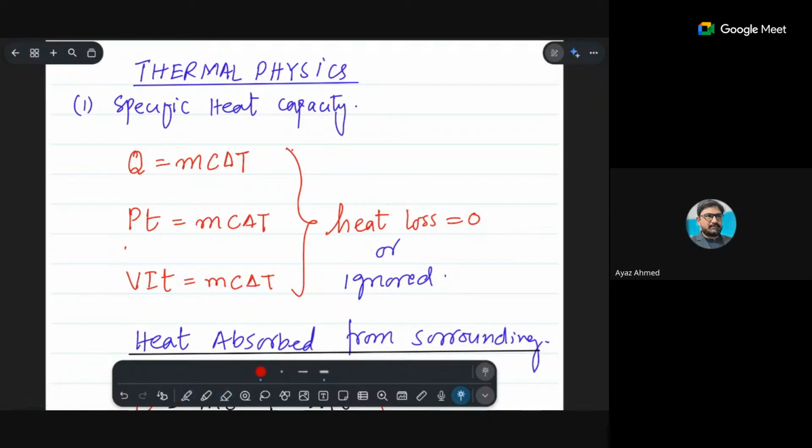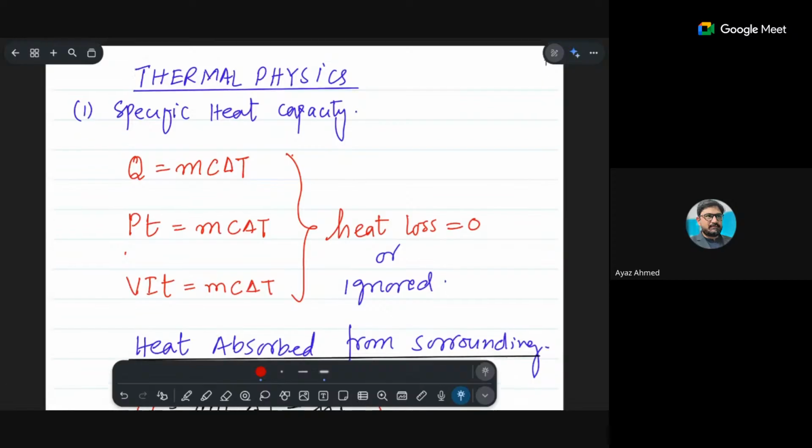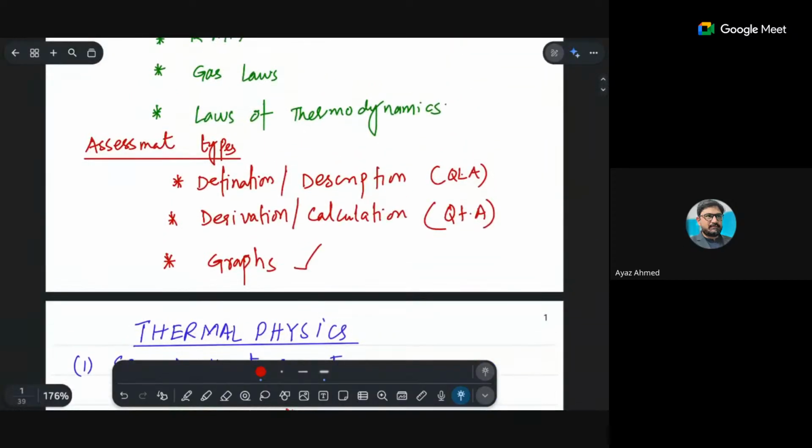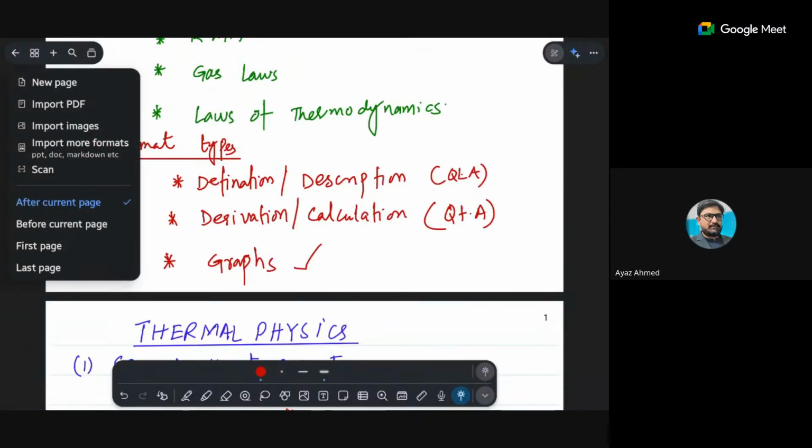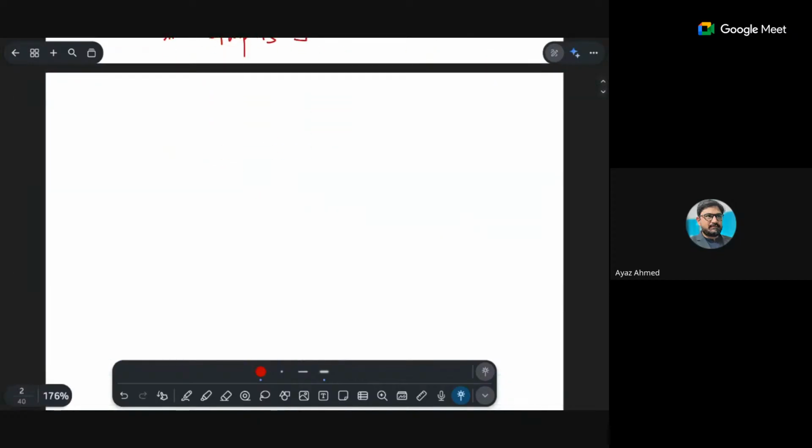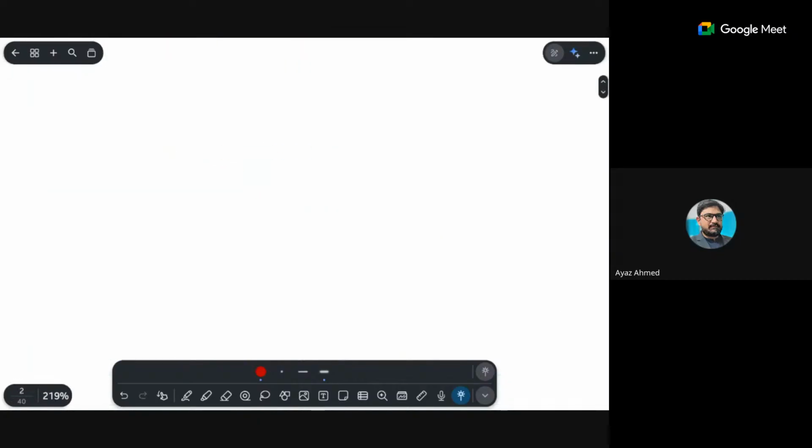When we consider the thermal properties of matter, we have some simple basics.